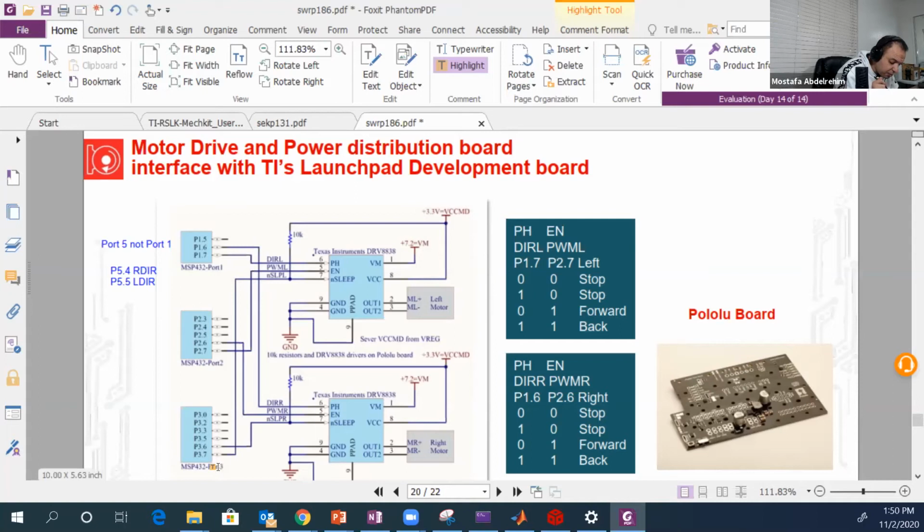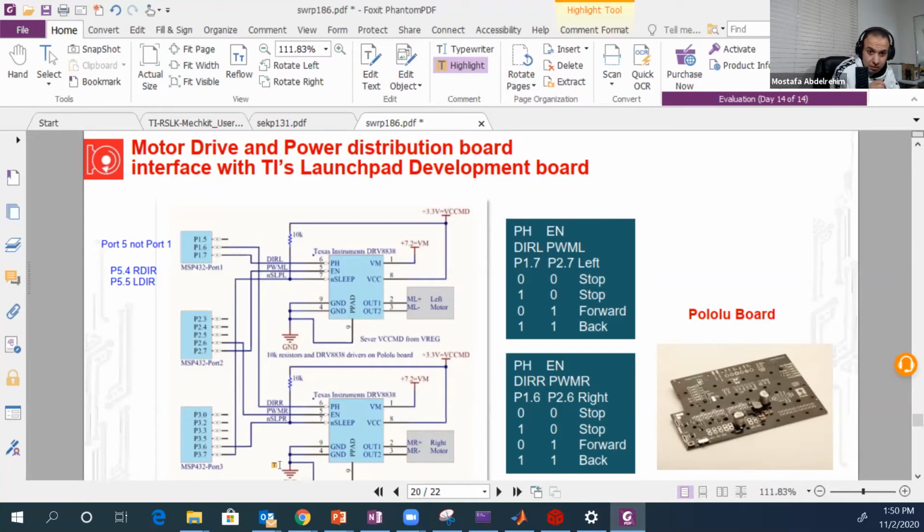And finally, the sleep pins, which are pin 7 in both chips here. These 2 pins are connected to 2 pins in port 3, pin 3.6 and pin 3.7. So if we put 0 there, for example in pin 3.6, which is connected to the right motor sleep, it will sleep.